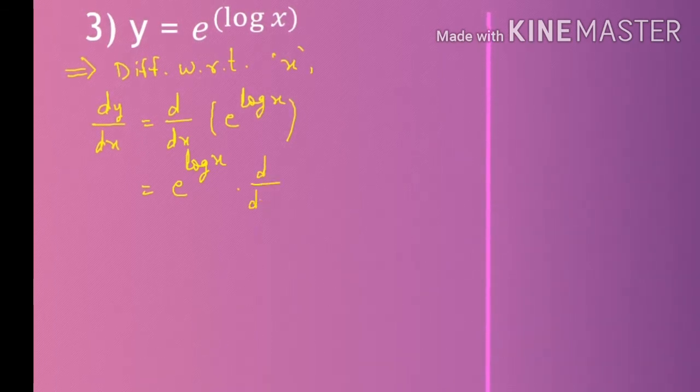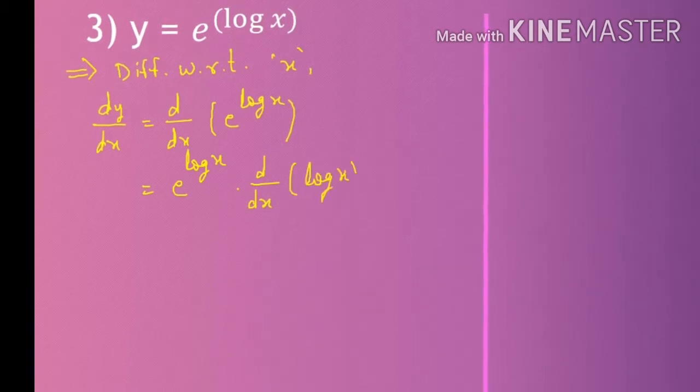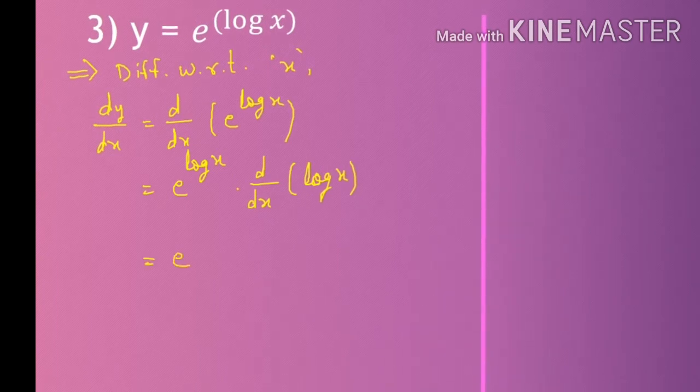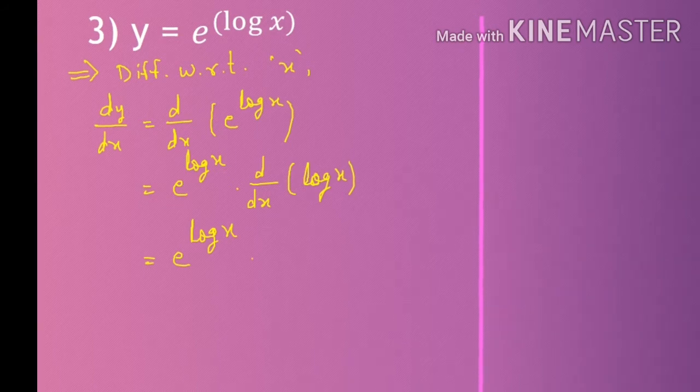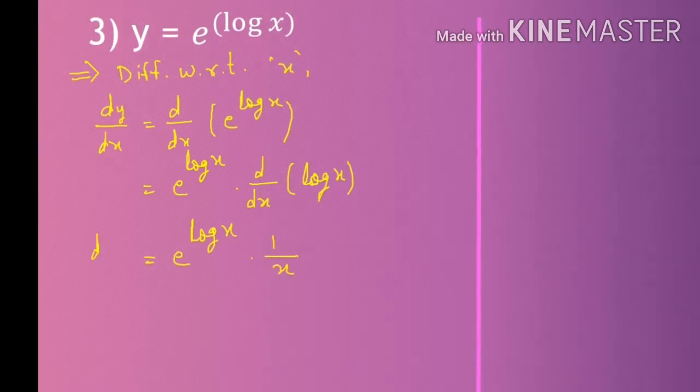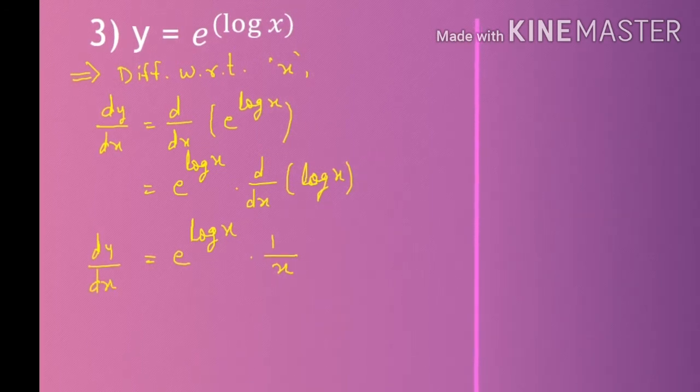So we write d dx of log x. What is the derivative of log x? It is 1 upon x. So we get dy by dx as e raised to log x into 1 upon x.